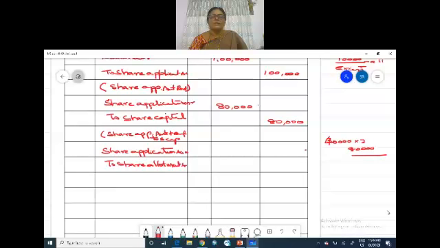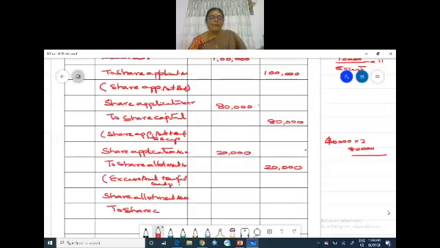So that comes to 20,000, excess amount transferred and adjusted. Okay. Now, next is what? Allotment amount is due. Share allotment account debit to share capital account.